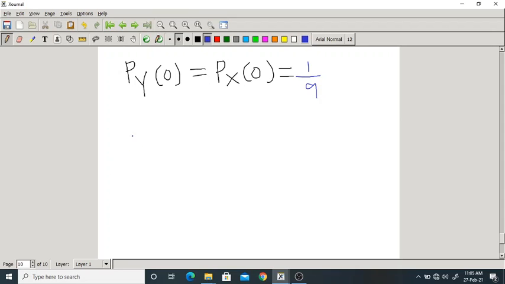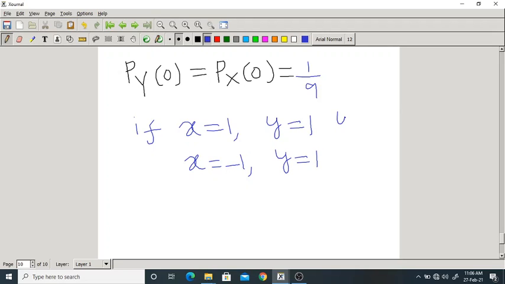Now, if x equal to 1, y equal to 1; if x equal to -1, then y is also equal to 1, because y is mod of x.